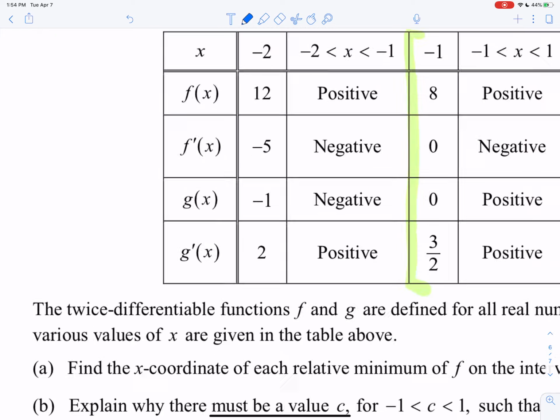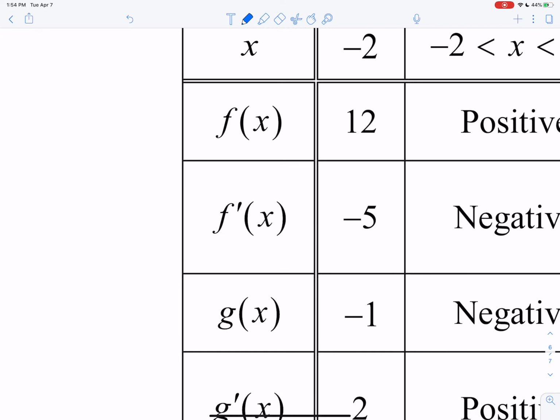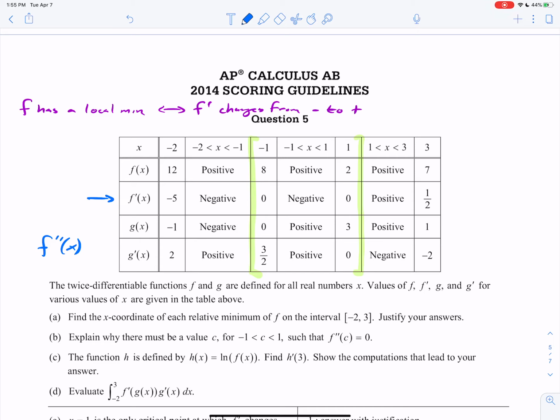So if you guys notice here, there is no second derivative of f. So the furthest that we have is actually f prime. So the derivative of that is going to be f double prime. So we notice that here at -1, we have f prime of -1, okay?